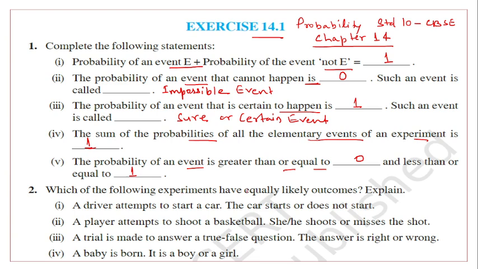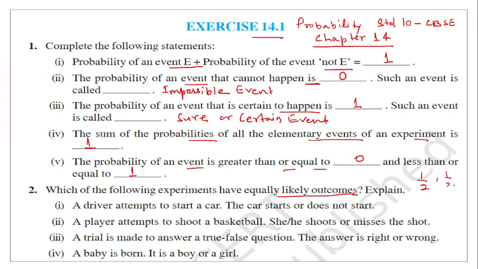Now, which of the following experiments have equally likely outcomes? Equally likely outcomes are those type of events where the probability of an event E is the same as the probability of event not E. Like tossing of a coin: getting a tail is 1 by 2, and getting not a tail is also 1 by 2.